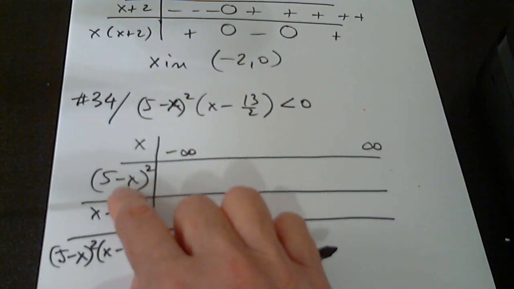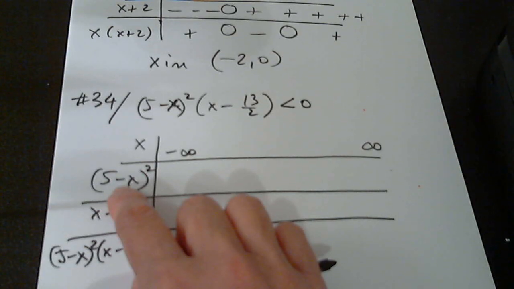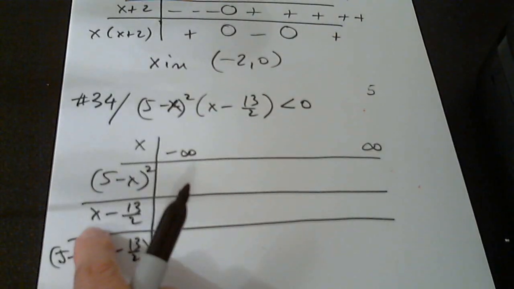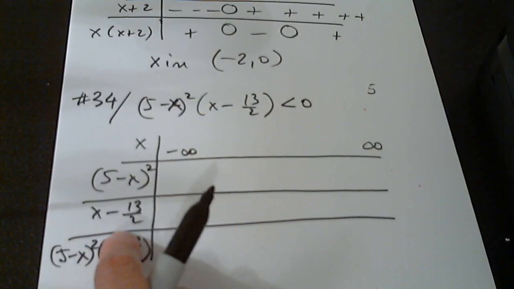Which x makes this 0? Very good. So 5 is one of them for now. Which x makes this 0?